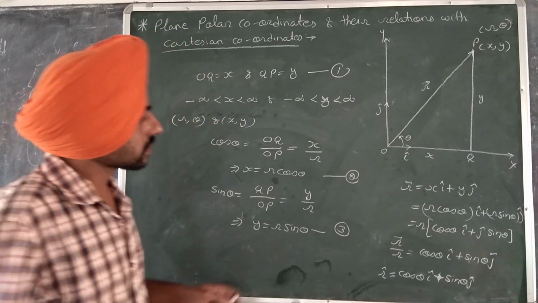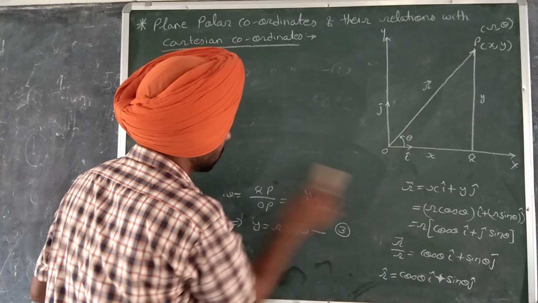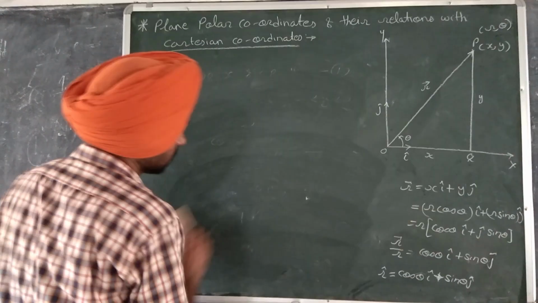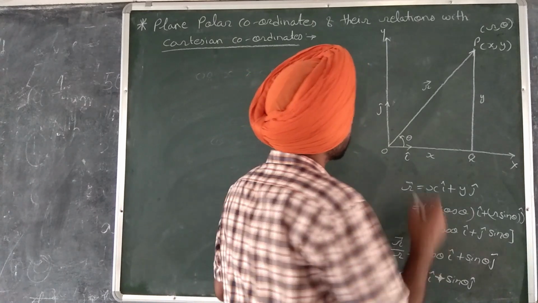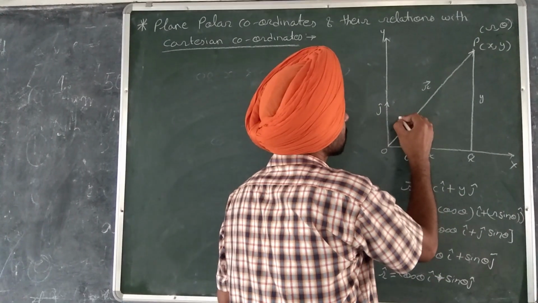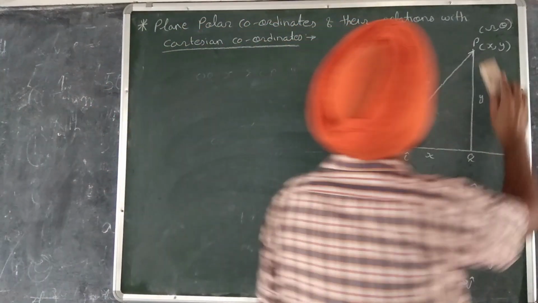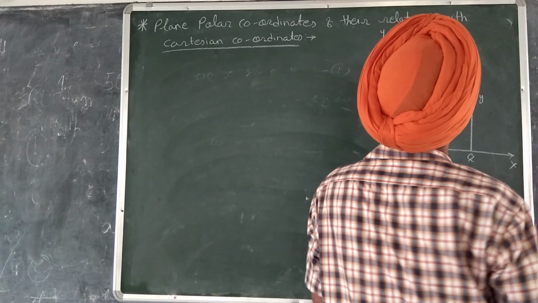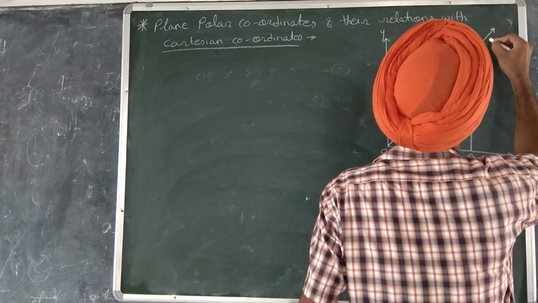Next we see the relation between theta cap and i cap, j cap. What is the direction of this r cap? r cap is along the increasing direction of the position vector r. So it is better to represent it like this: this is point P, this is r cap.